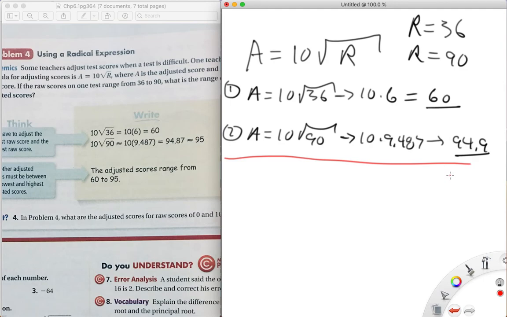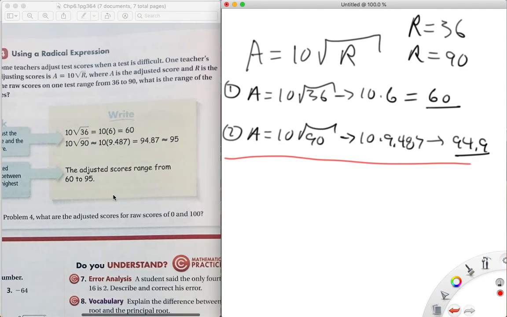Now, what if those raw scores were 0 and 100, actual scores? Which is why a lot of people use this method. A equals 10 times the square root of R, so let's say R equals 0, R equals 100.